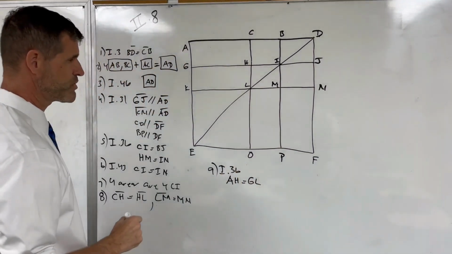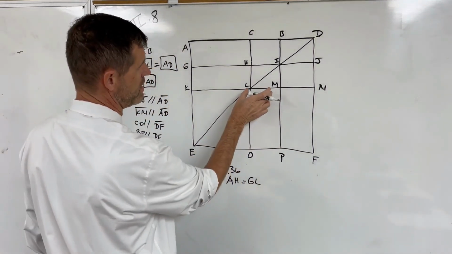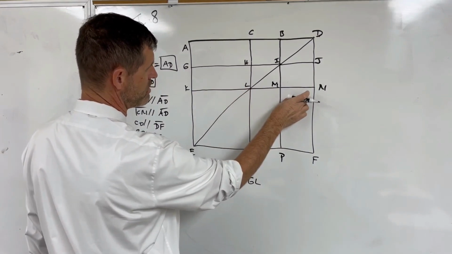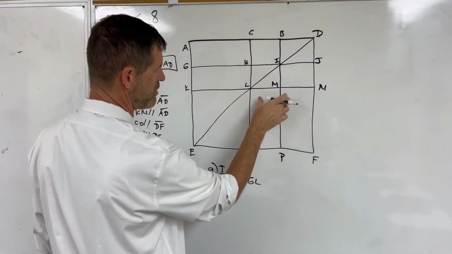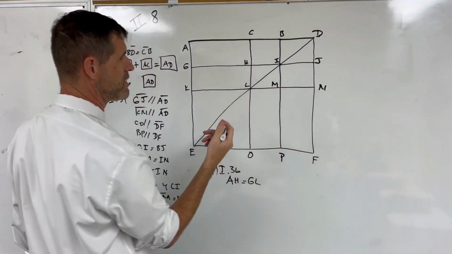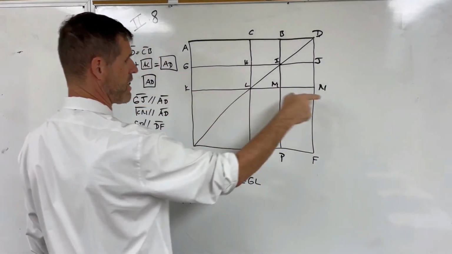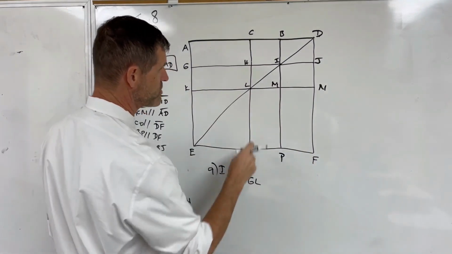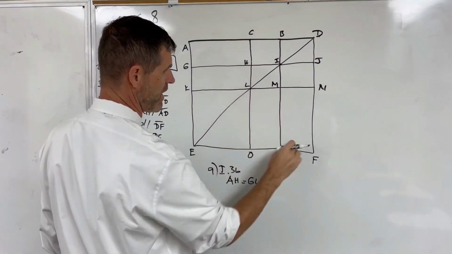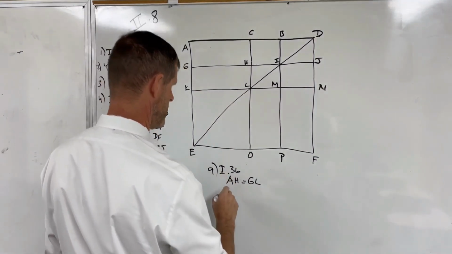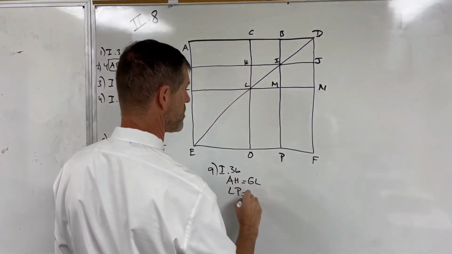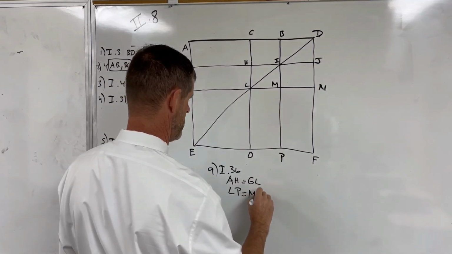But with the same proposition, we can see that LM and MN are equal bases, and they have LP and MF standing upon them in the same parallels, namely KM and EF. So that means that LP and MF are equal to each other by the same proposition. So LP equals MF.